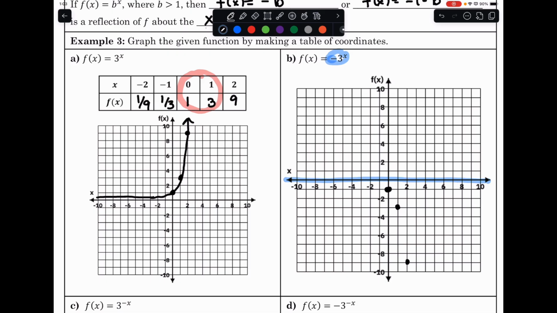Because those y values, as you see right here, are going to be multiplied by a negative number. So you make a table of x and y values for this. At 0, we're going to have a point at -1, at 1 a point at -3, and at 2 a point at -9.